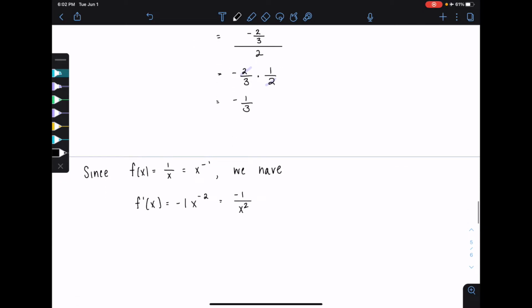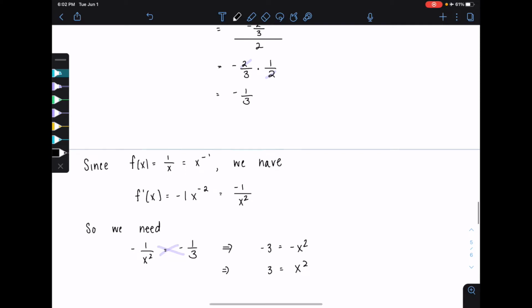Okay. So we need the derivative, negative 1 over x squared, to equal negative 1 over 3. So going ahead, cross multiplying, this would give you negative 3 is negative x squared. So multiply by negative 1 to give us 3 is equal to x squared.